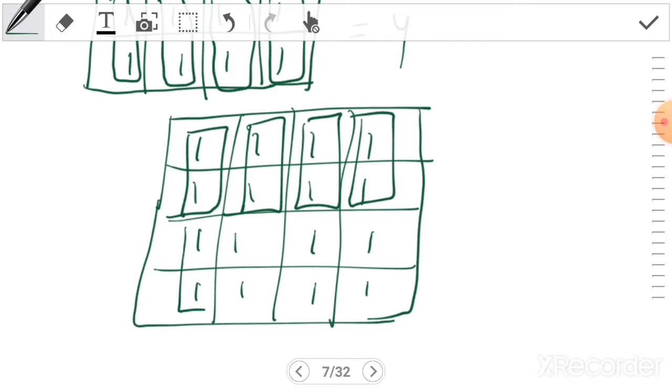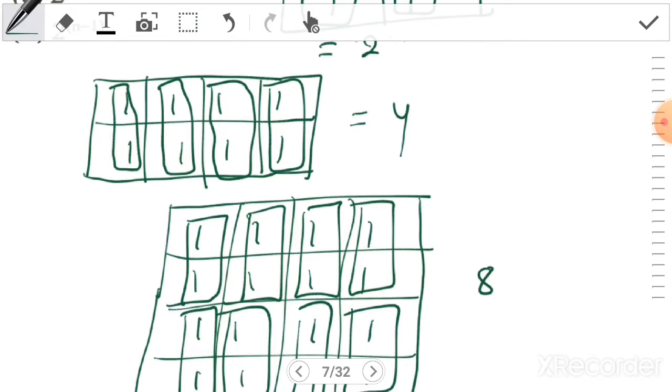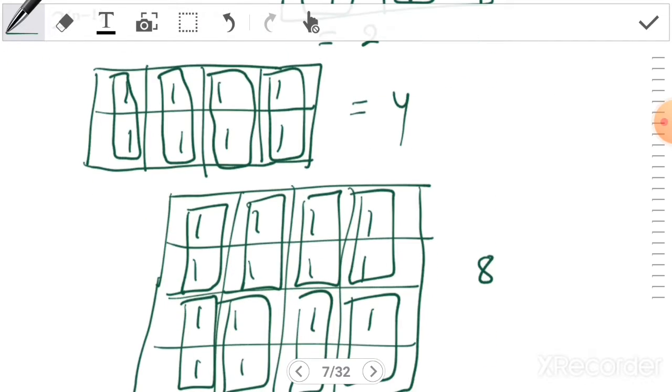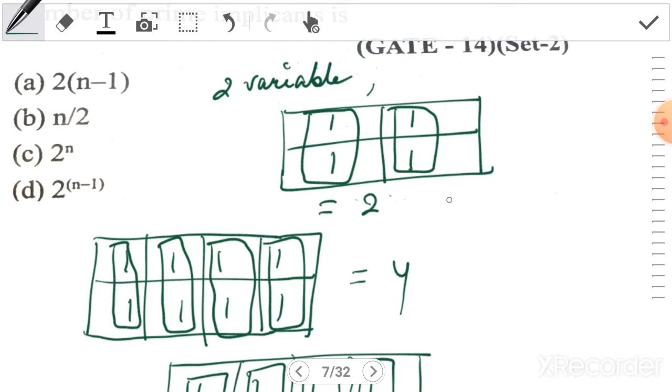So there will be 8 prime implicants or 8 product terms. So you see, you can write this as 2 power 2 by 2.